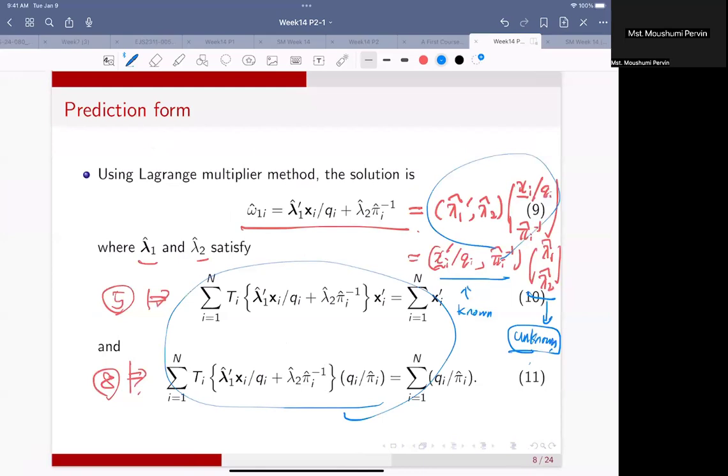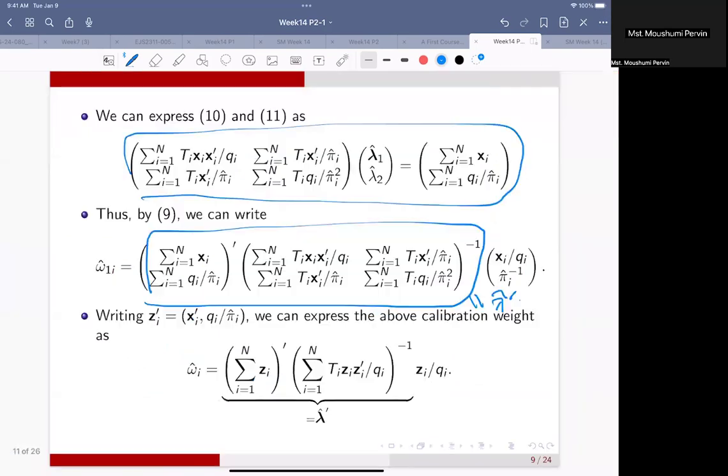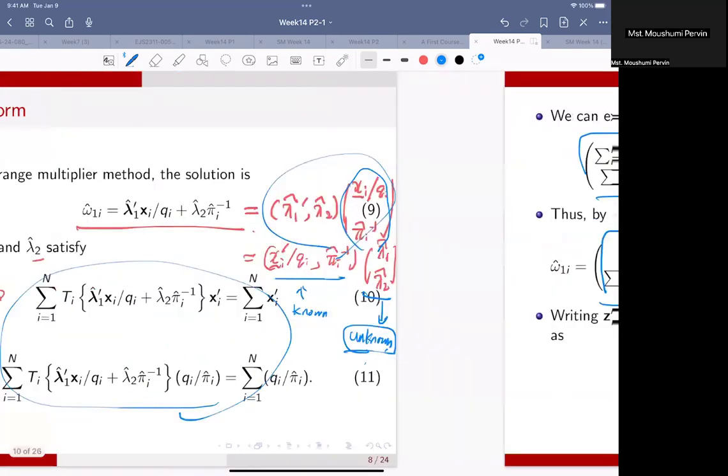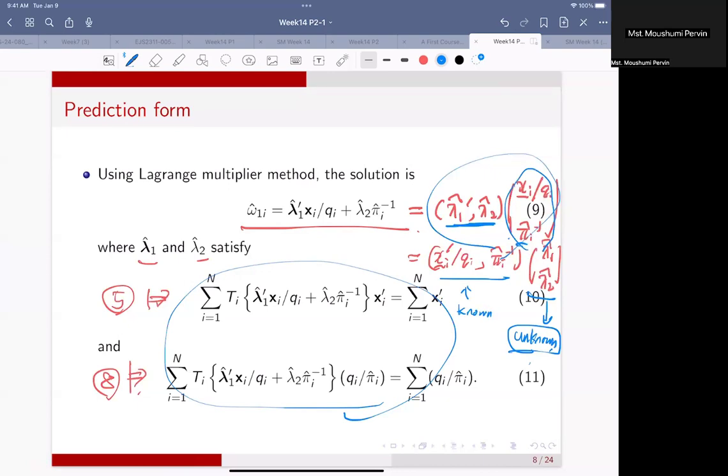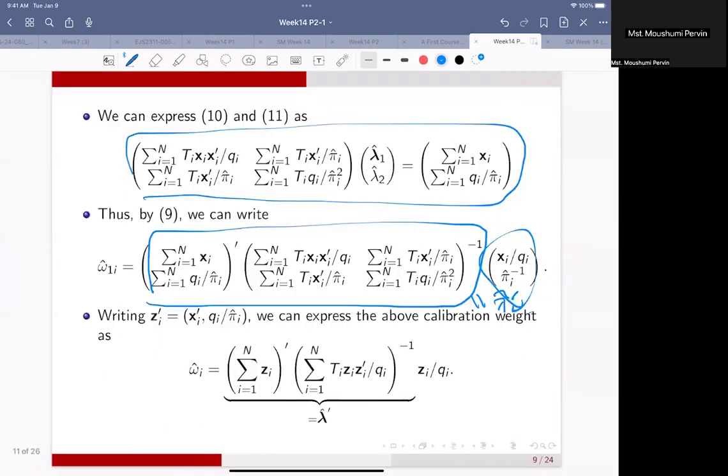So if you write this x and this guy as, so here, then we use this form. That's just a matrix setup. Or you can simplify it further by introducing another notation, z. Let's call it z: Gi divided by qi.